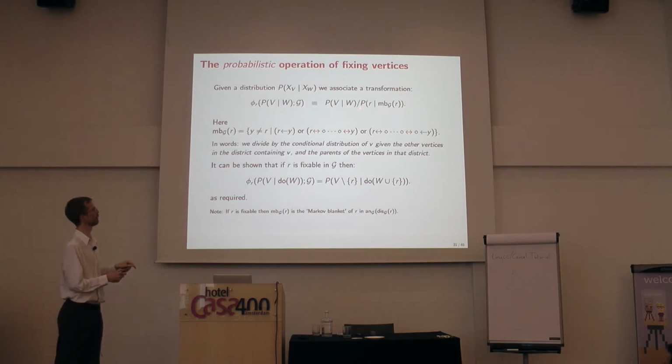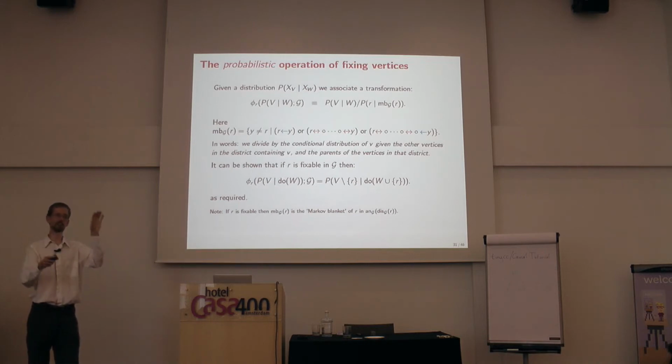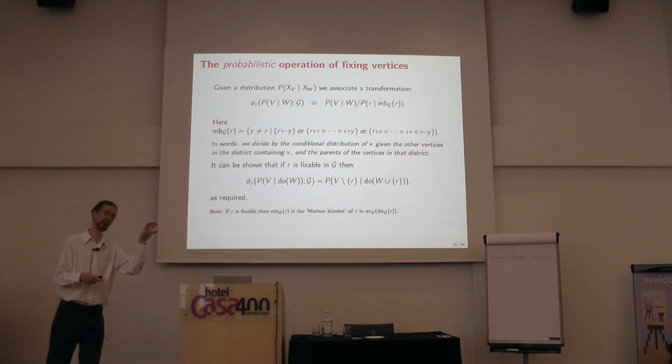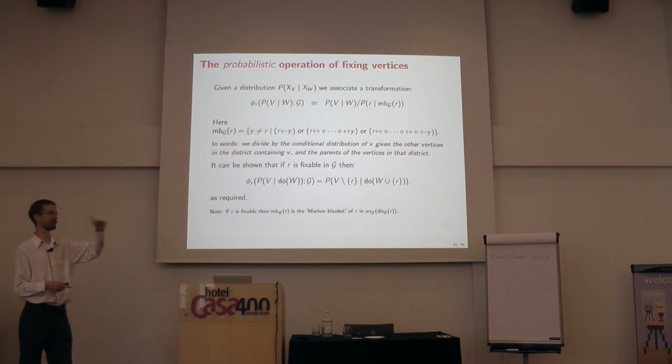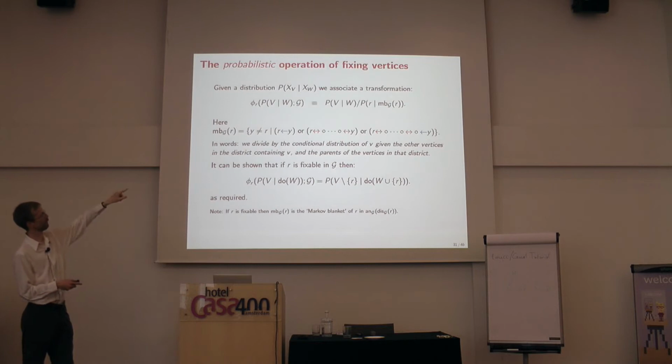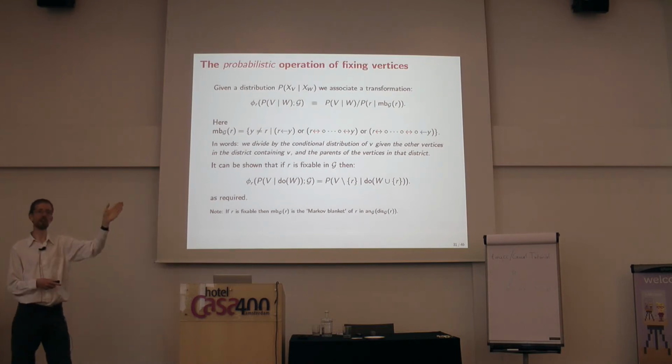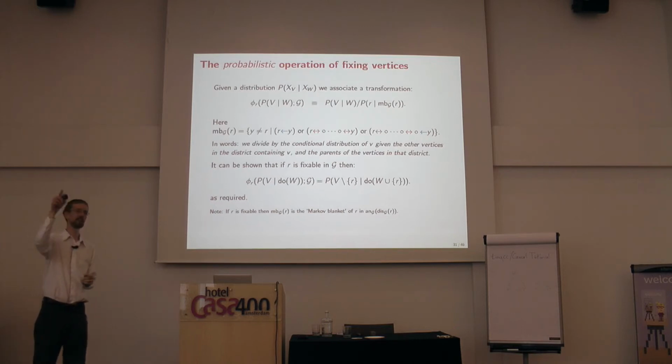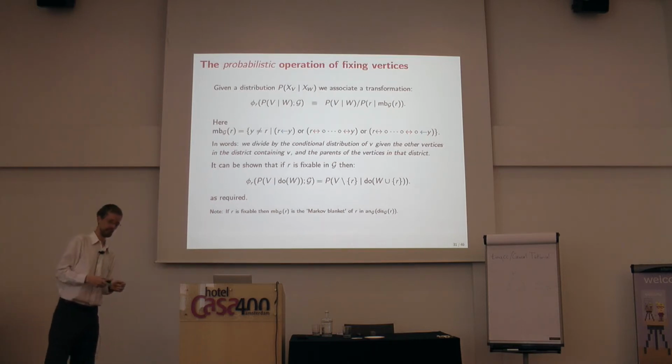This operation can be seen as crossing out the term from the DAG factorization. Think about it. In the simple case of a DAG, if this was not a graph with bidirected edges, then we would be dividing by R given the parents of R, so it would correspond to just crossing out the term from the DAG factorization.